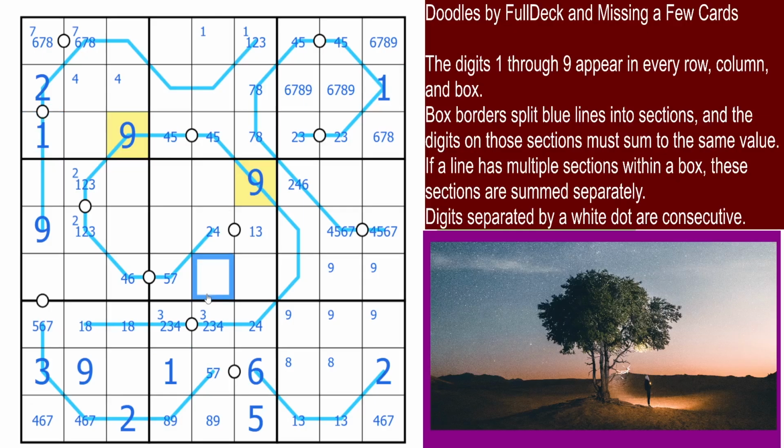Oh, this one. This is 6, 7, 8, right? But 7 is already gone here, right? So that's not 7. That's 6, 7. So between this 6, 7, 8 is gone.